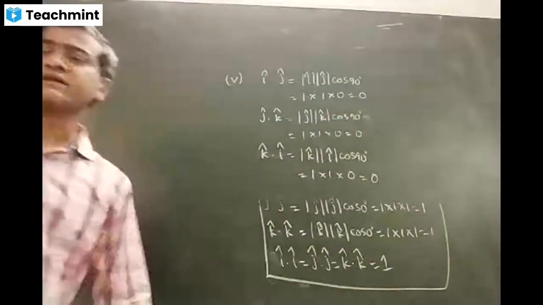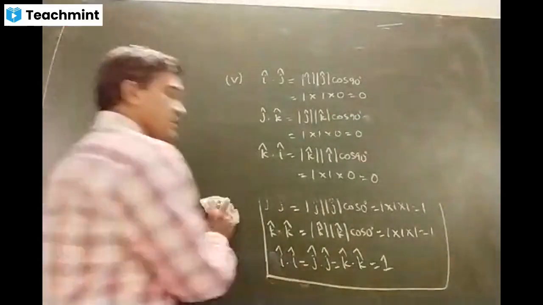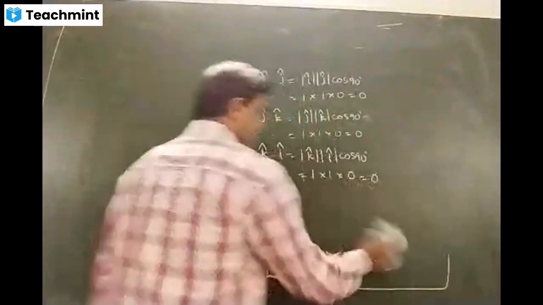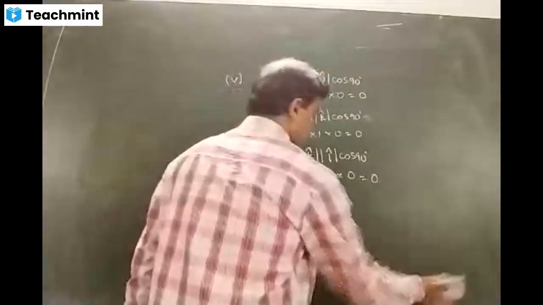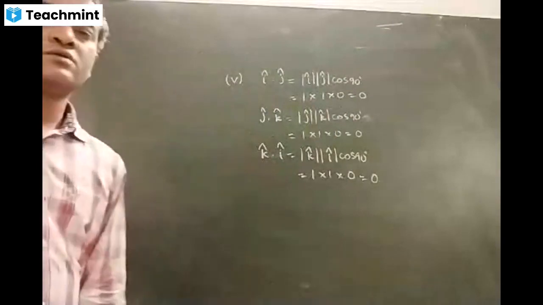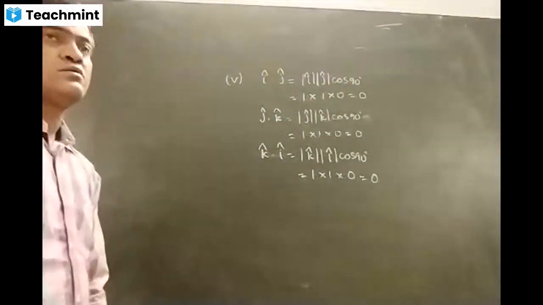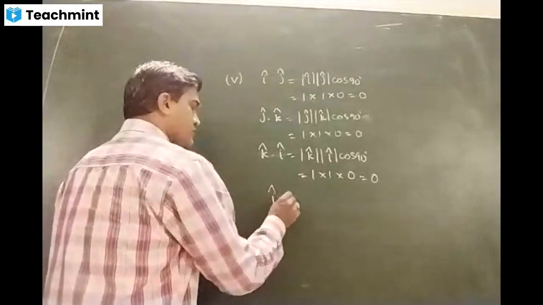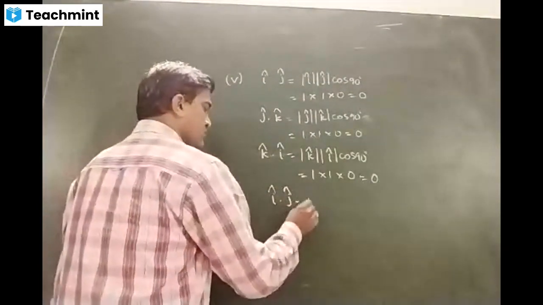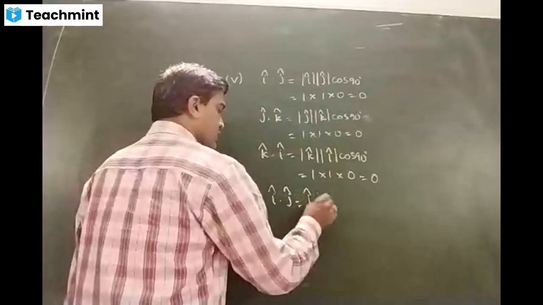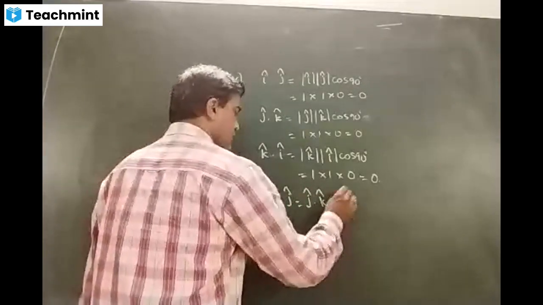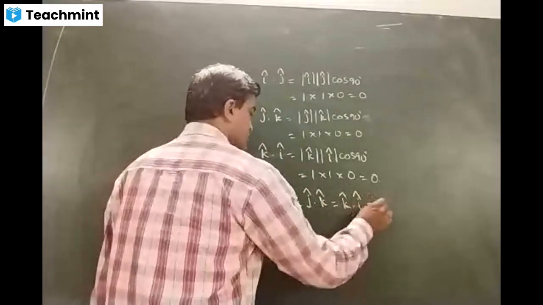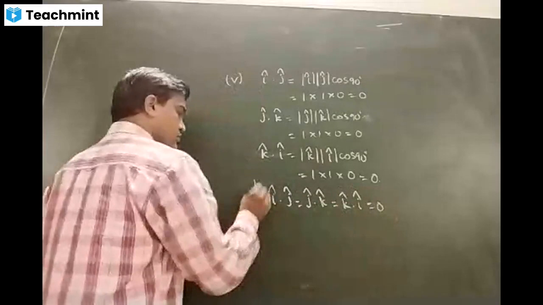So finally what I can write? I cap dot J cap is equal to J cap dot K cap is equal to K cap dot I cap is equal to 0.